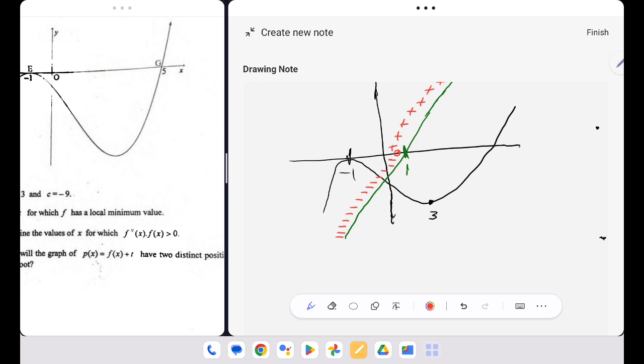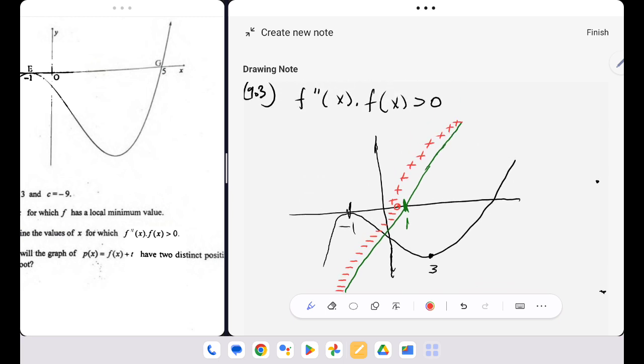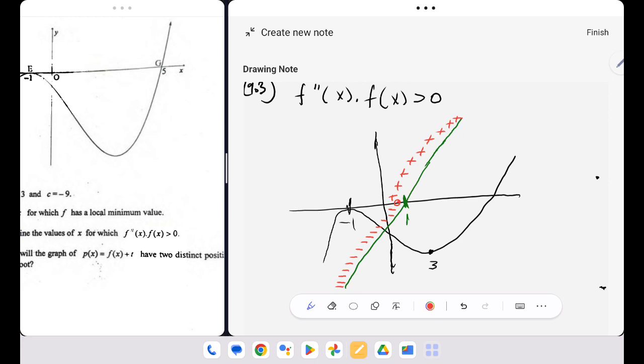Are you together? But for my f of x as well, it is the same thing. When my graph is below the x-axis, it's negative. When it's above the x-axis, it's positive. So my graph is positive from here, here, here, here until infinity. But just below here, it is negative.